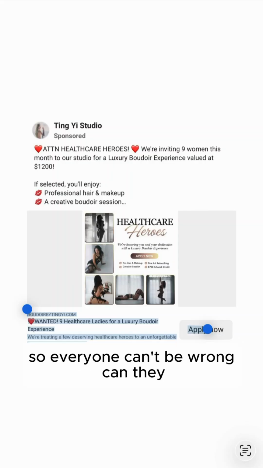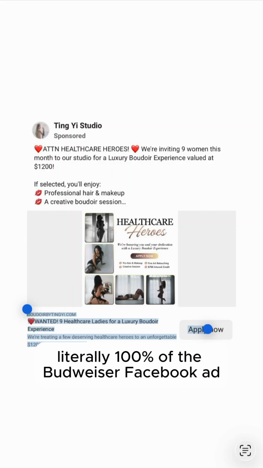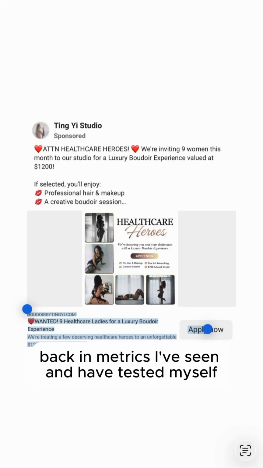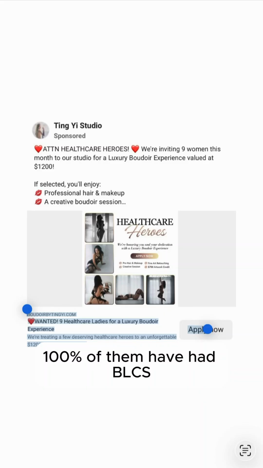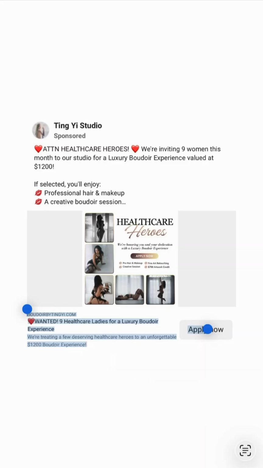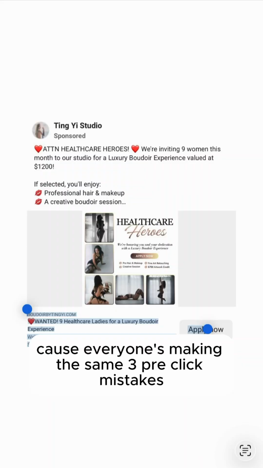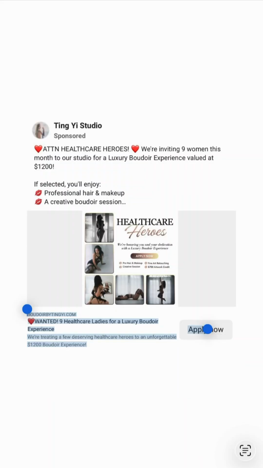It looks like an ad, so everyone can't be wrong, can they? Well, in literally 100% of the Boudoir Facebook ad backend metrics I've seen and have tested myself, 100% of them have had BLCS, Boudoir low click syndrome, with a unique CTRL under 6%. And why is that? Because everyone's making these same 3 pre-click mistakes.